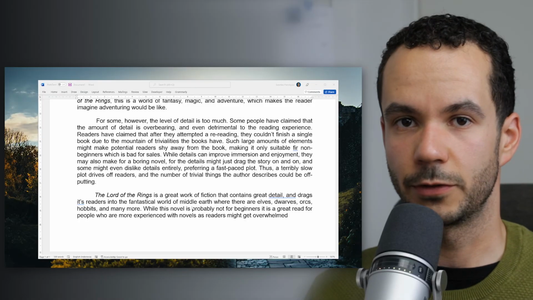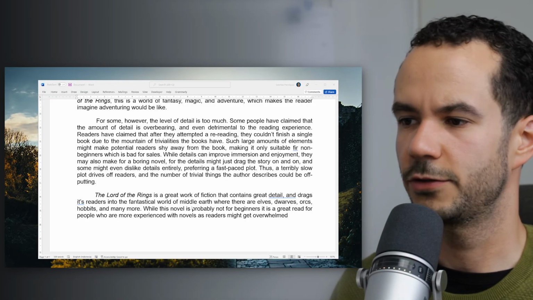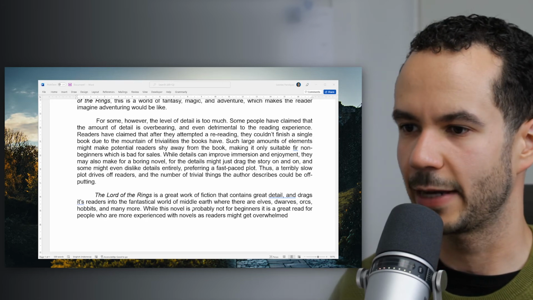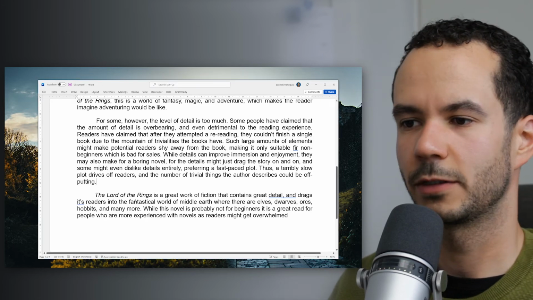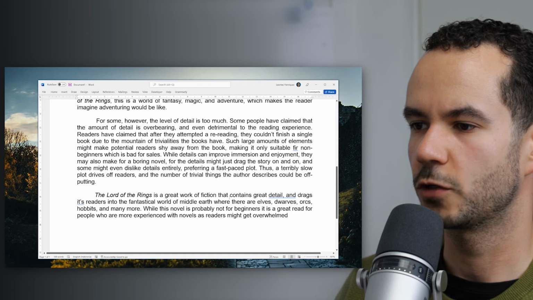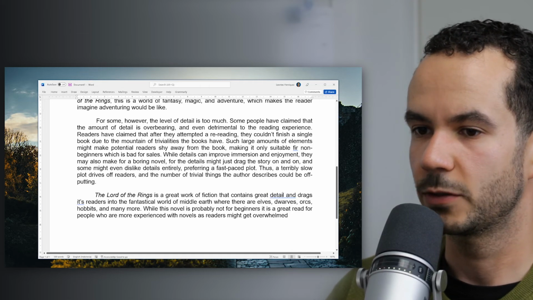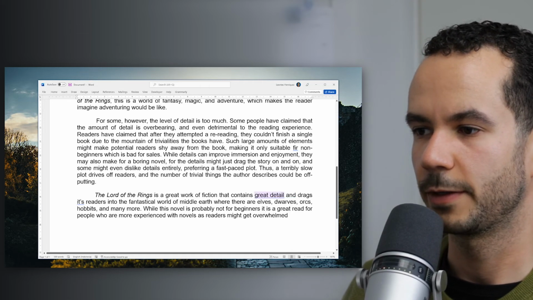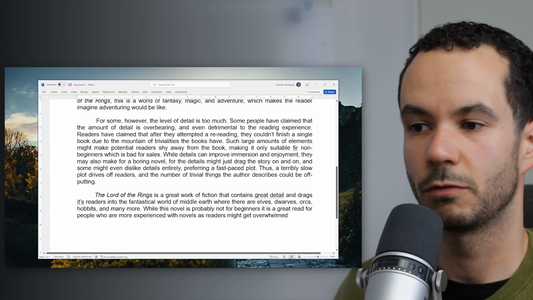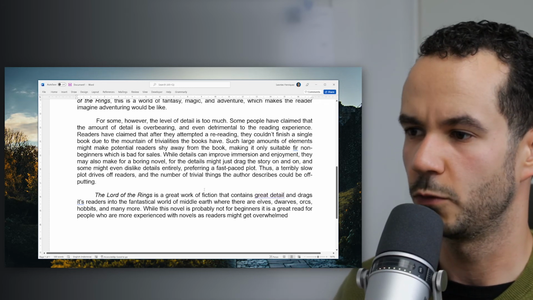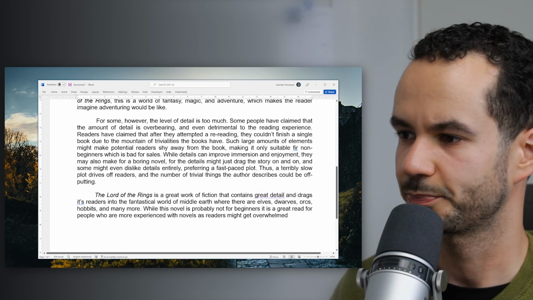Now we can move on to the conclusion, and I think this is a very good conclusion as it is, and we need to change just a few language things. So, The Lord of the Rings is a great work of fiction that contains great detail, which is very nice. And we can remove this comma because we're still talking about The Lord of the Rings. So we still have the same subject, so we can remove this comma.